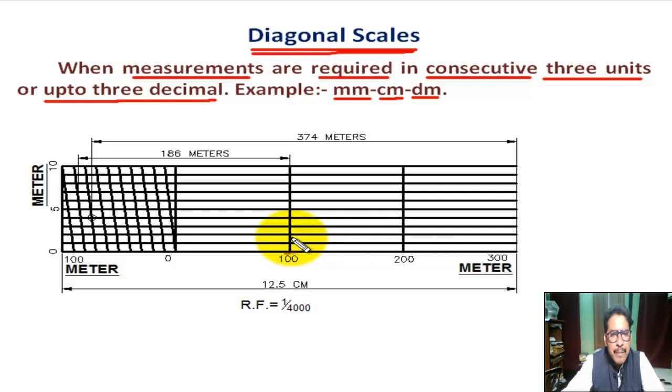All main divisions represent 100 meter. In general purpose scale, 0 is marked at the beginning, but in engineering scale, 0 will be marked at the end of the first main division.